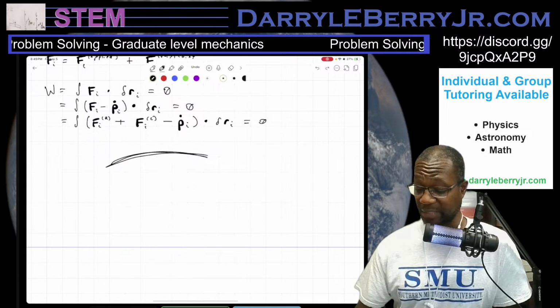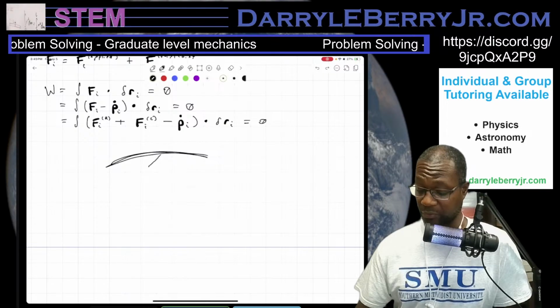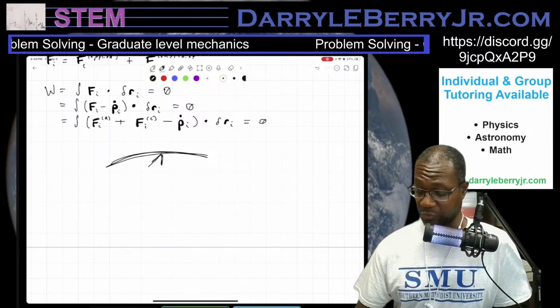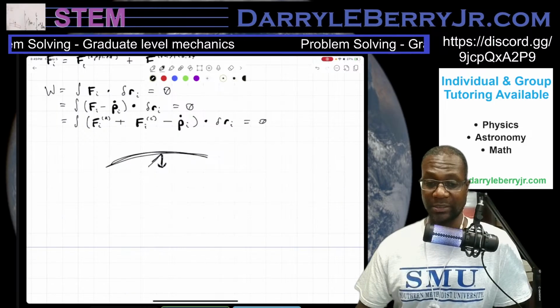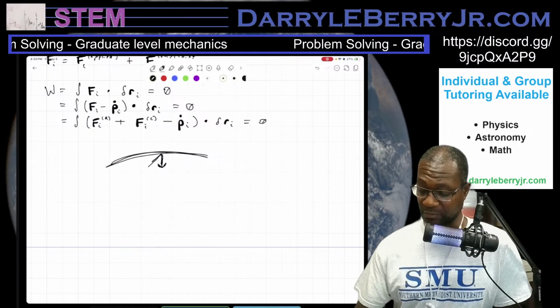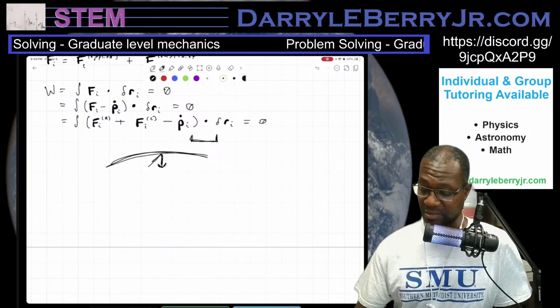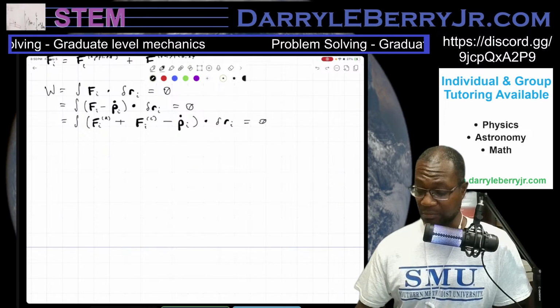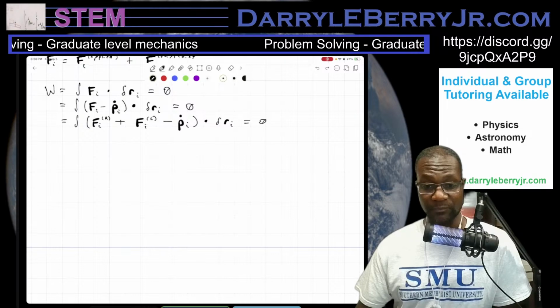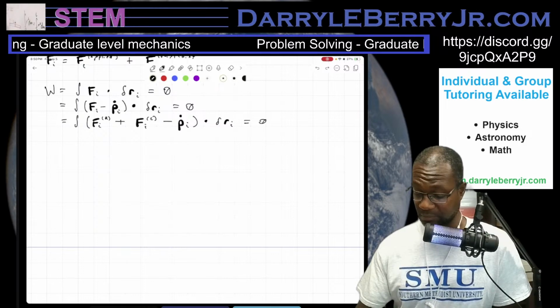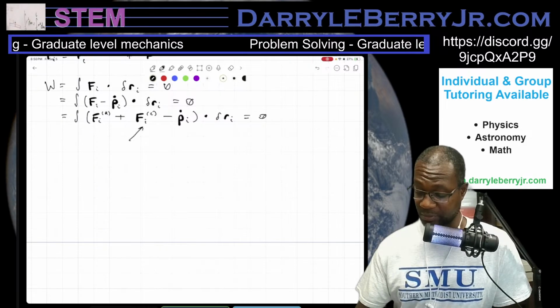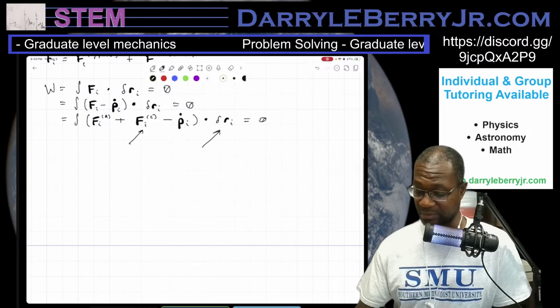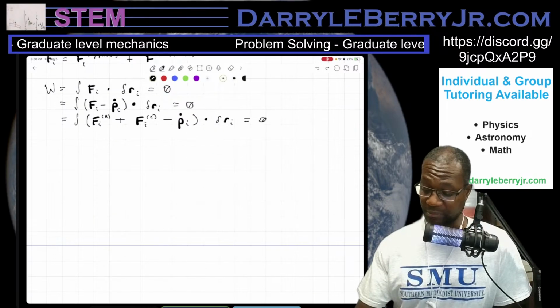The idea, as I understand it, is even if the particle hits like this, the constraint force is basically perpendicular, keeping it in. We know that the dot product of things that are 90 degrees apart is 0. So the constraint force dot product is perpendicular to this, so it'll end up being 0.